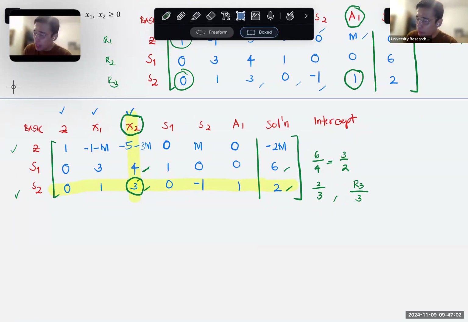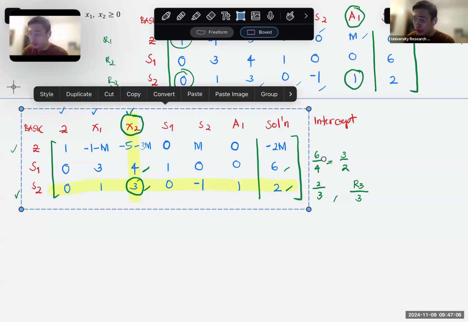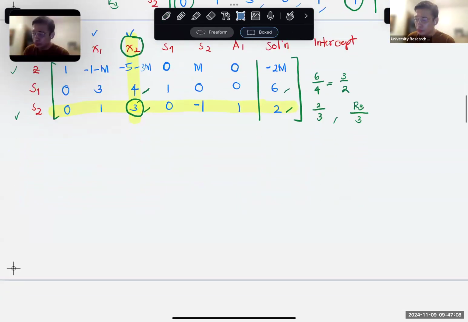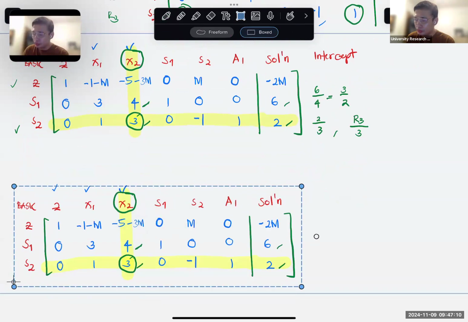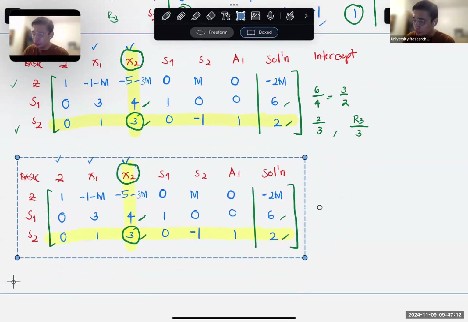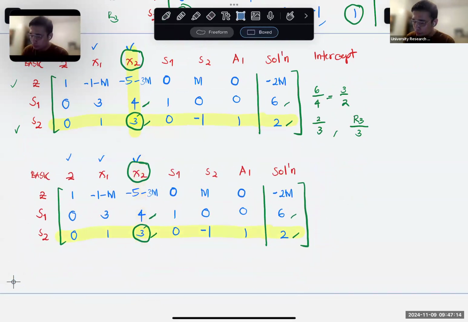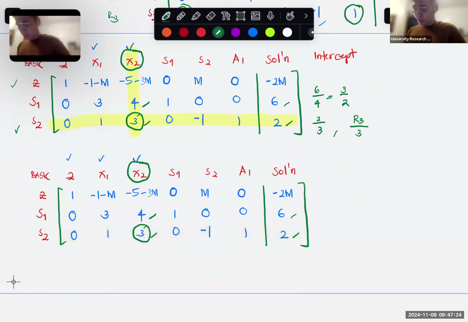So I'm going to copy again the entire row.